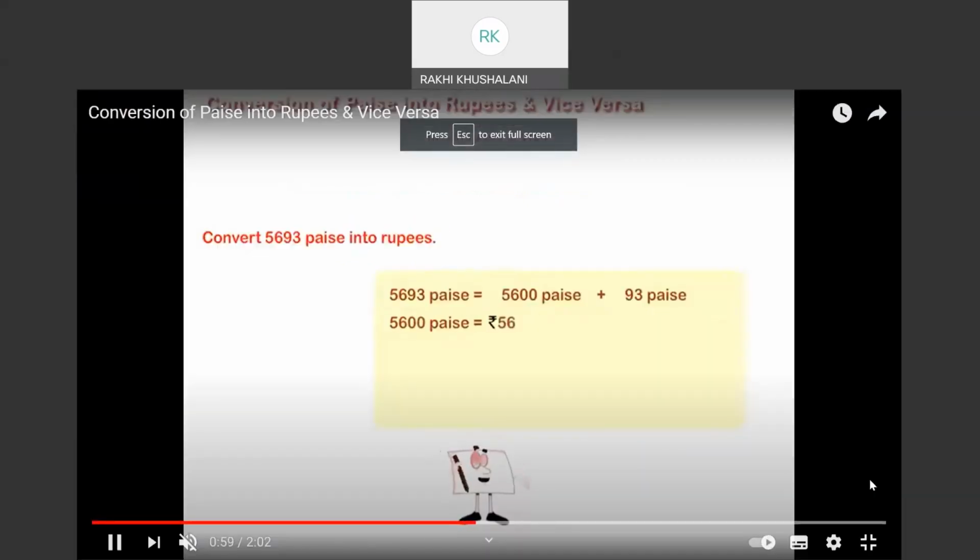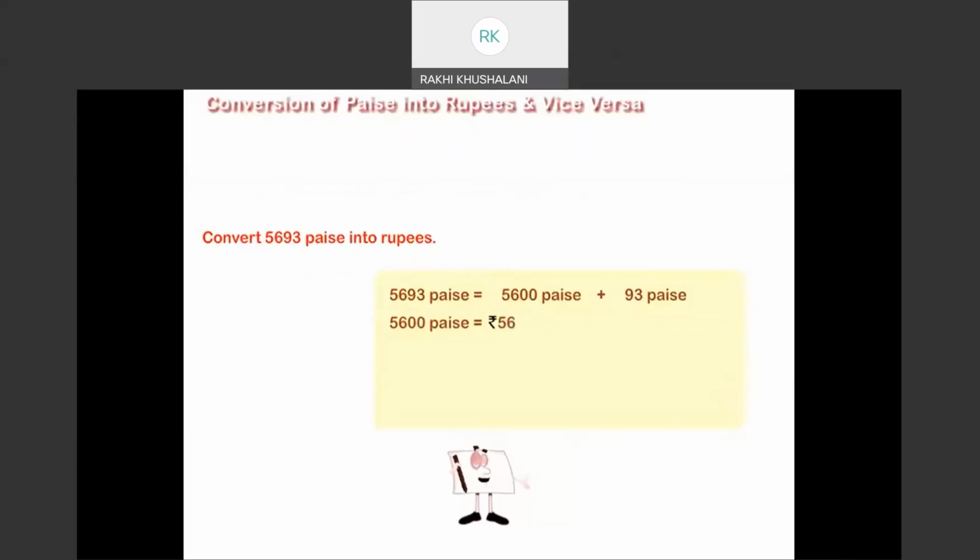Let's see, is that happening? Yes, rupees 56 plus 0.93. And then we add 56 plus 0.93, which gives me 56.93 rupees.